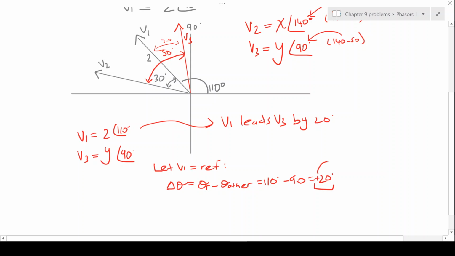And the positive tells you that the reference is leading, and that tells you by how much. So we can therefore say V1 leads V3 by 20 degrees.